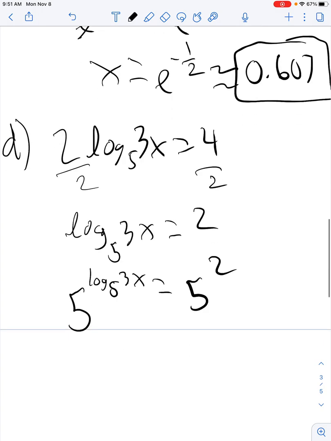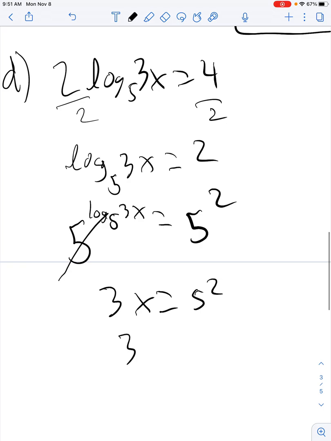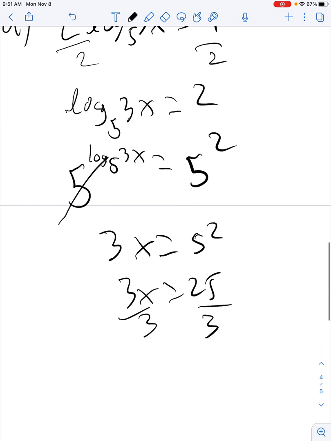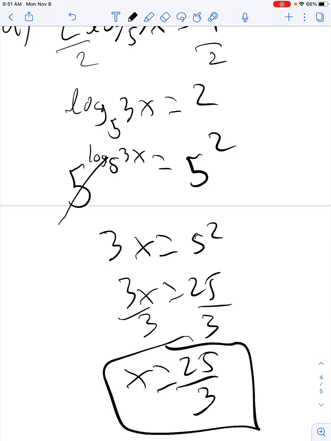So 3x equals 5 squared. Again, these are going to cancel out, so I'm left with 3x equals 5 squared, which is 25. 3x equals 25. So all I need to do is divide by 3 and get x equals 25 over 3.